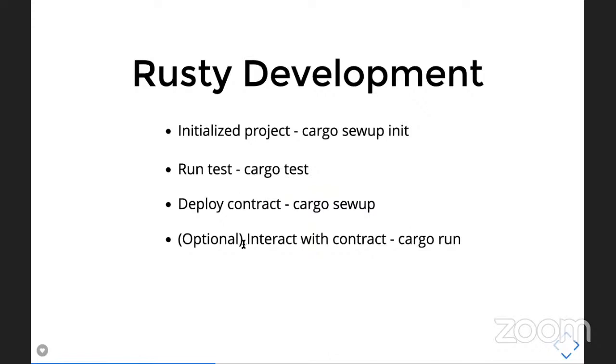And you can check out our examples, some of which write the client in Rust. For the client, you can use traditional clients such as Web3.js or something like that, and also you can write a client in Rust for yourself. You can check out our example, and the client can be run with cargo run. Okay.